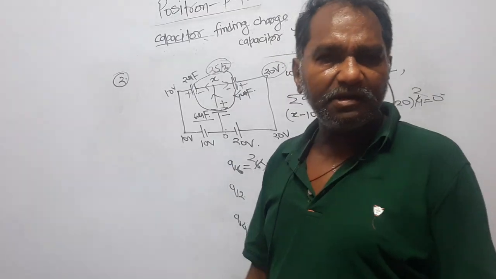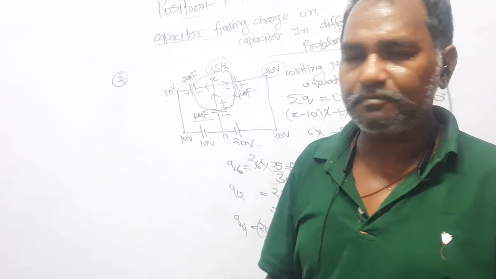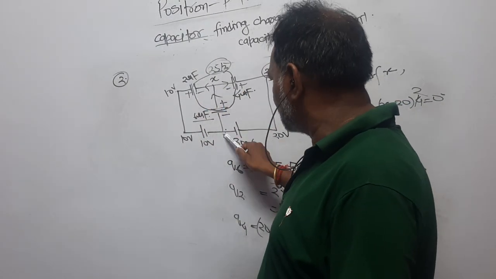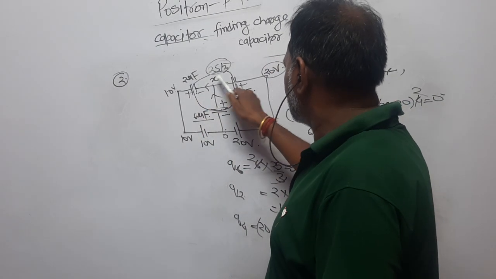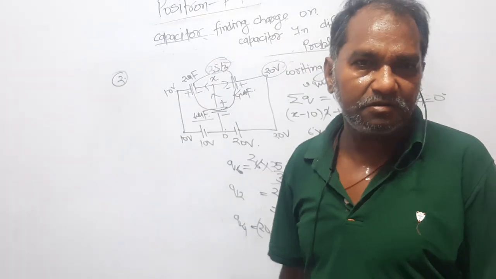While applying the nodal equation, always assume x to be a point of higher potential. So it is (x minus 10) into 2 plus (x minus 0) into 6 plus (x minus 20) into 4 equals 0. Summation q equals 0.